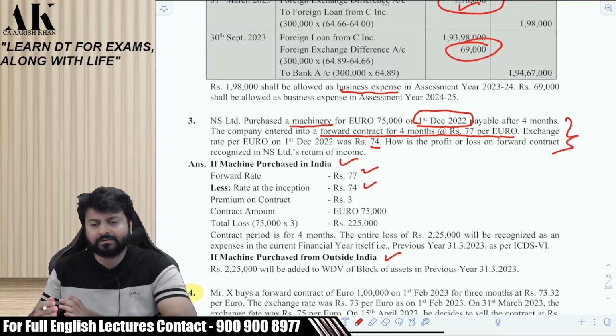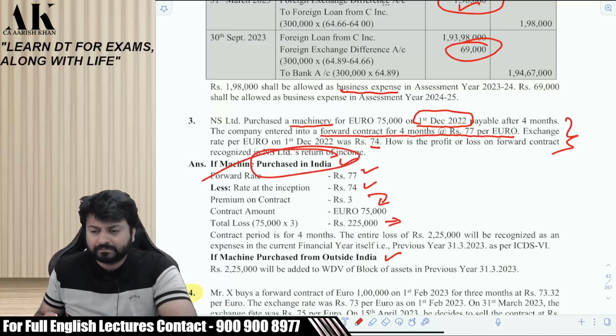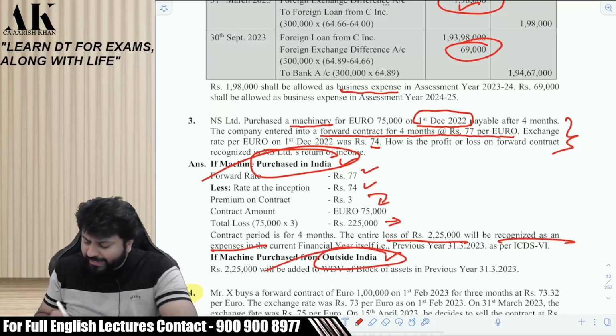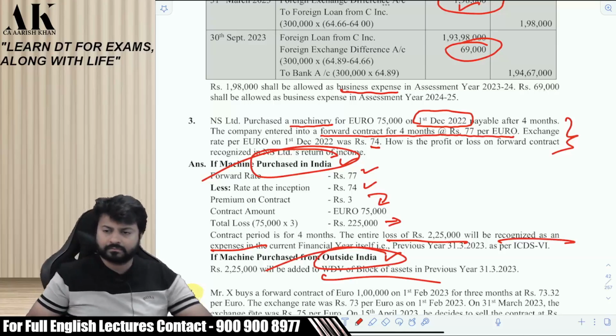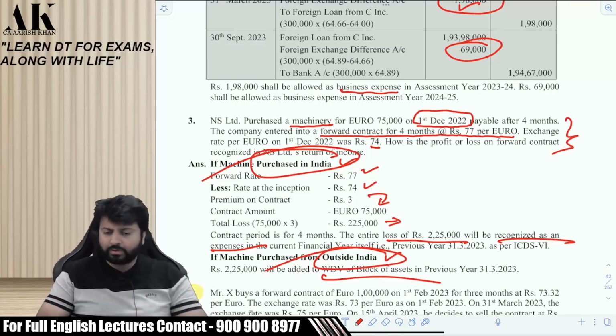So 3 rupees into 75,000 will come to 2,25,000. If it is purchased from India, then it is a loss and it will be debited to P&L, recognized as expense. But if it is purchased from outside India, then adjust it in the WDV of the asset. Is it clear to all of you?